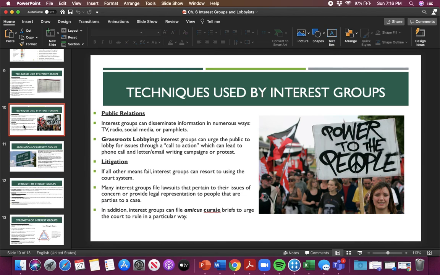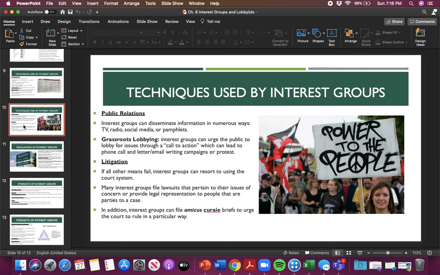And a lot of this, for smaller groups, is what we call grassroots lobbying. For smaller groups, sometimes that action looks like writing letters and emails to elected officials, knocking on people's doors to try and inform them about upcoming issues, starting phone lists, things like that. Those are techniques that groups can use.